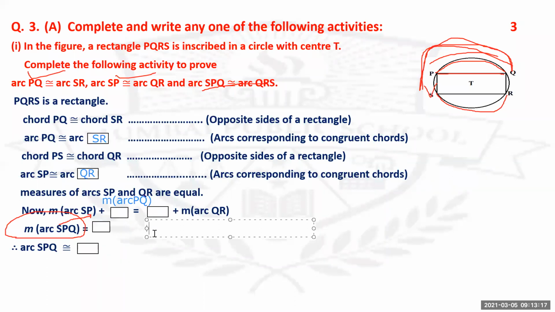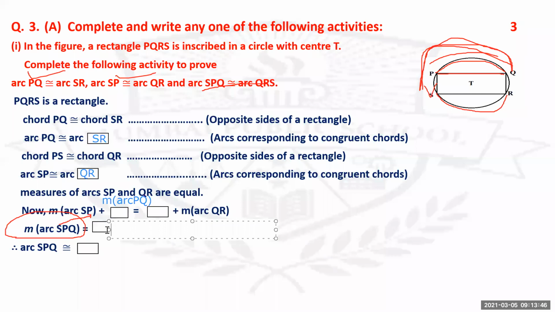So measure of arc SR. So what would come in the next box? Therefore, measure of arc SPQ equals measure of arc SRQ.